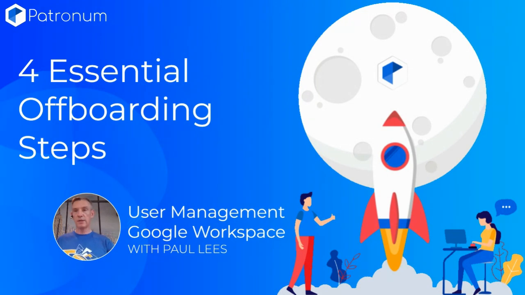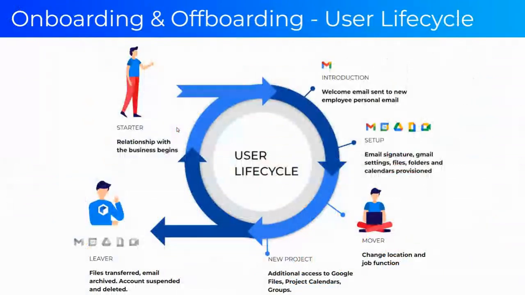Before we go into a demo of the product, let me just talk to you briefly about what we believe offboarding is all about. And it's really part of the user's life cycle. Typically, an individual will join an organization, they start from an HR perspective, and they are then added into the system.